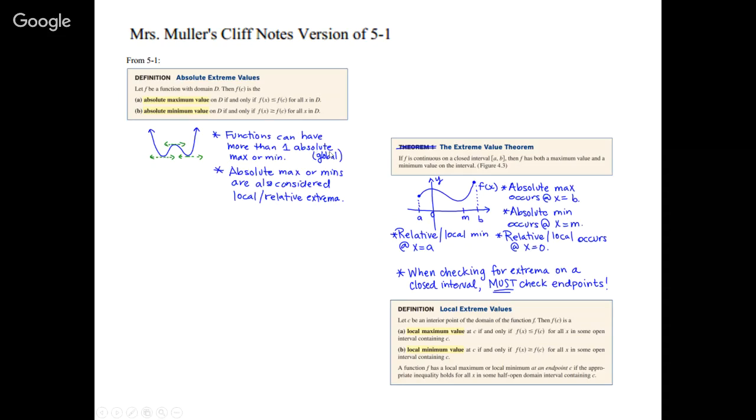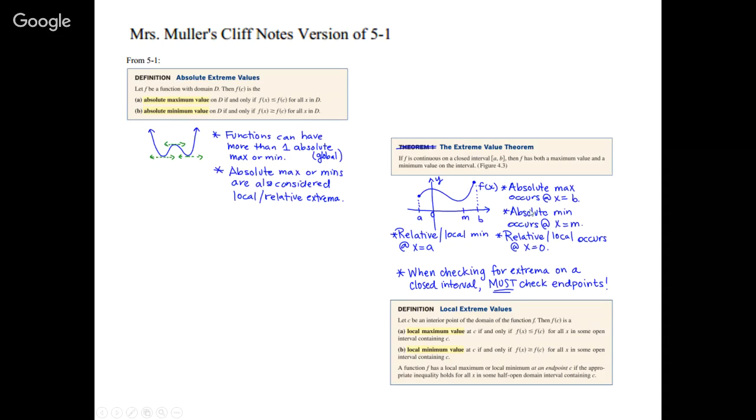Just a quick review of the extreme value theorem. The extreme value theorem states if f is continuous on a closed interval, a, b, then f has both a maximum and a minimum value on the interval. And this is my picture, you know, my famous f of x function. I have an absolute maximum of this f of x over the closed interval a to b at x equals b because it's the highest point and it's on an endpoint.